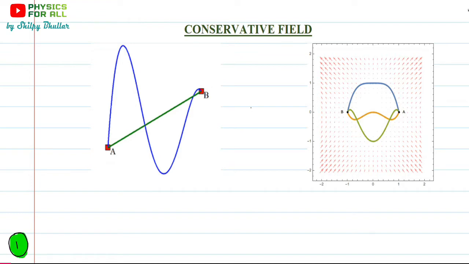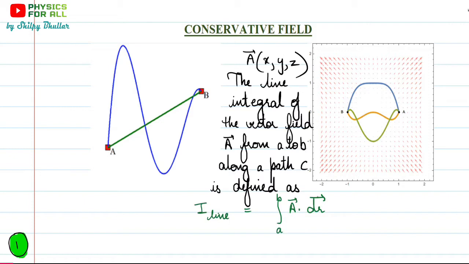As we have done in line integral of a vector field, suppose we have a vector A, which obviously depends on x, y and z. Then the line integral of this vector field A from A to B along path C is defined like this. We already know that we have to take dot product between vector field A and this change in position vector represented by dr, and this dr includes the changes in all the 3 coordinates.